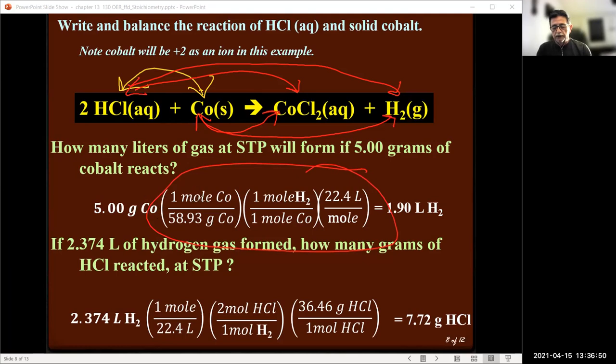If you're given something in grams, the first conversion factor converts it to moles. The second conversion factor comes from the balanced chemical equation. And in this case, we were at STP, so we can use the 22.4 liters. Or they could have asked how many grams of hydrogen gas is created. Well, that last one would then be replaced with the molar mass of hydrogen gas. Okay. All right.